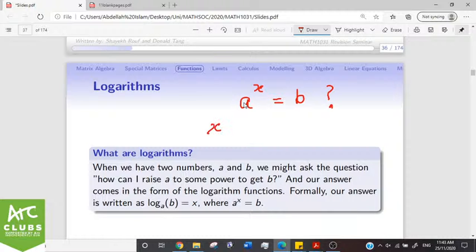We said, this is log b of a. What this means is, if you ever see this, what this really means is that a to the power of x will give you b. That's all it is. So it's just fancy notation for that.